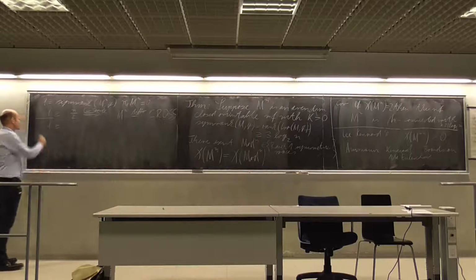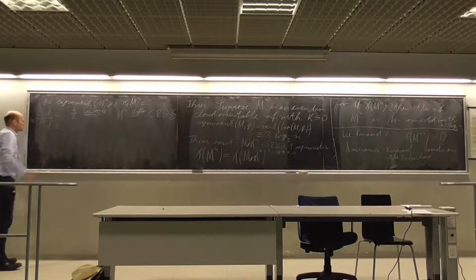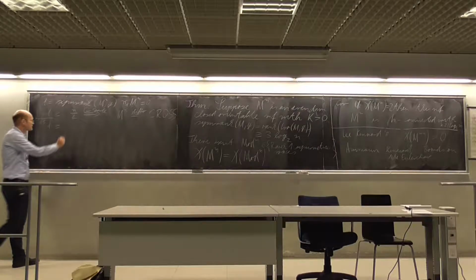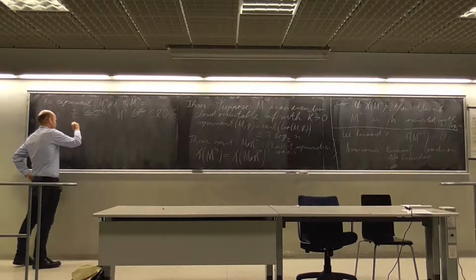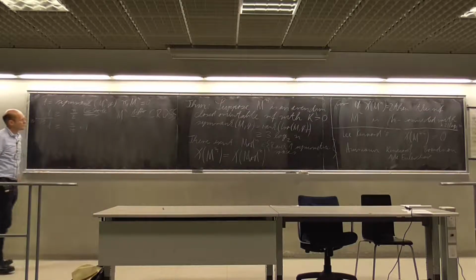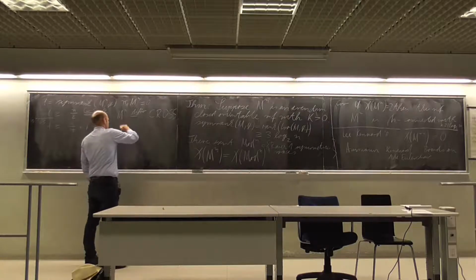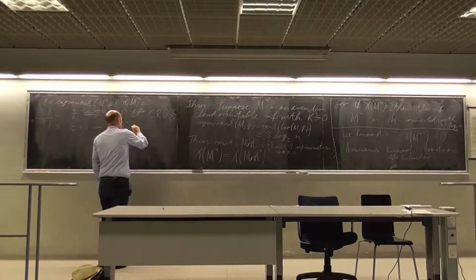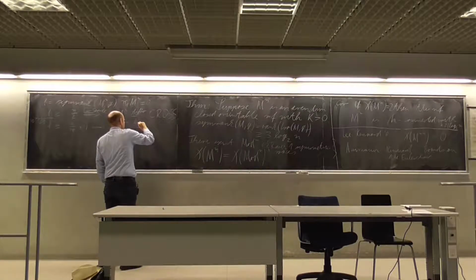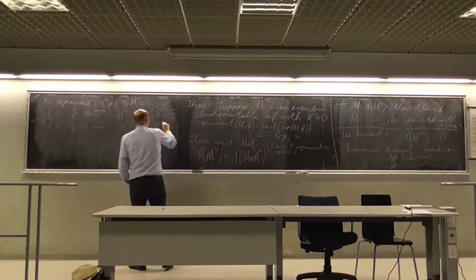And then there's a result by myself from '03. So if the degree of symmetry is like n over 4 plus 1, then this implies that the manifold is homotopy equivalent, tangentially homotopy equivalent to a cross.